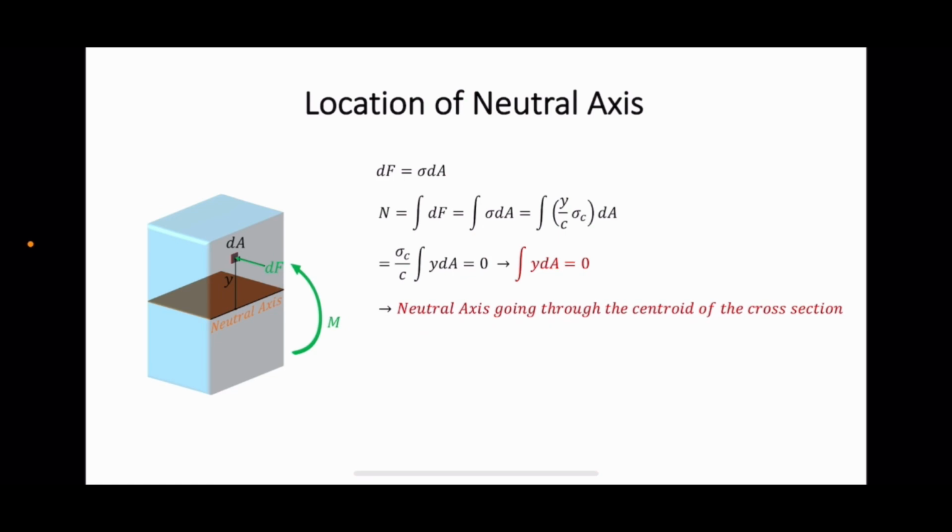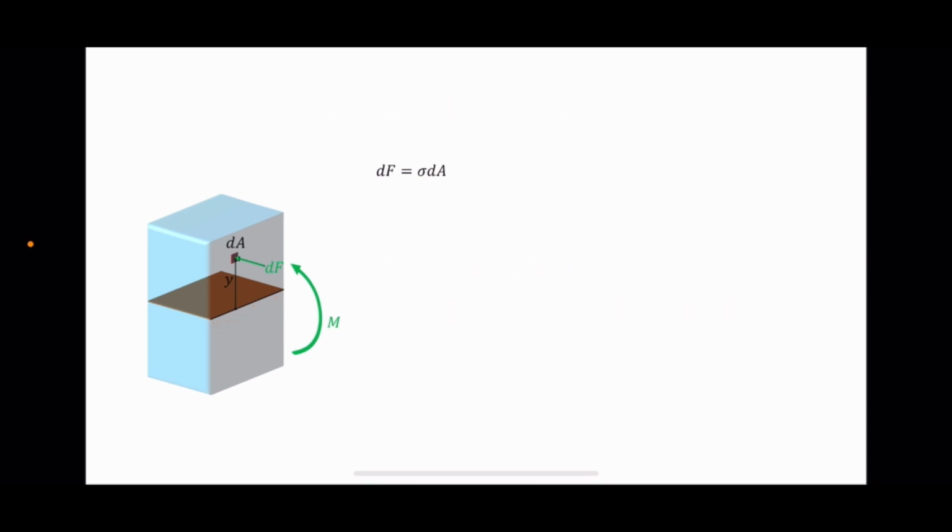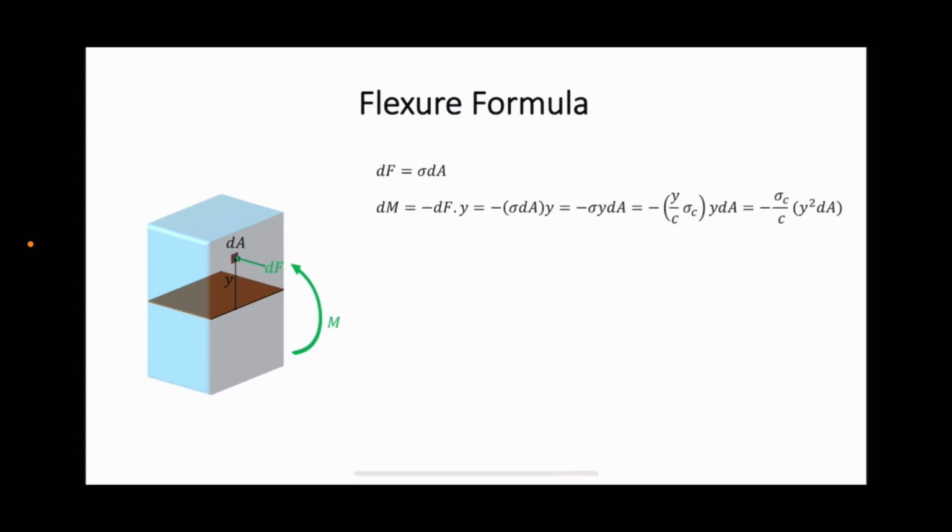Now let us apply the same idea for internal bending moment. The moment caused by the internal force dF on area dA is calculated by the following equation. If we integrate this moment over the entire area of the cross-section, the result should be the internal bending moment.